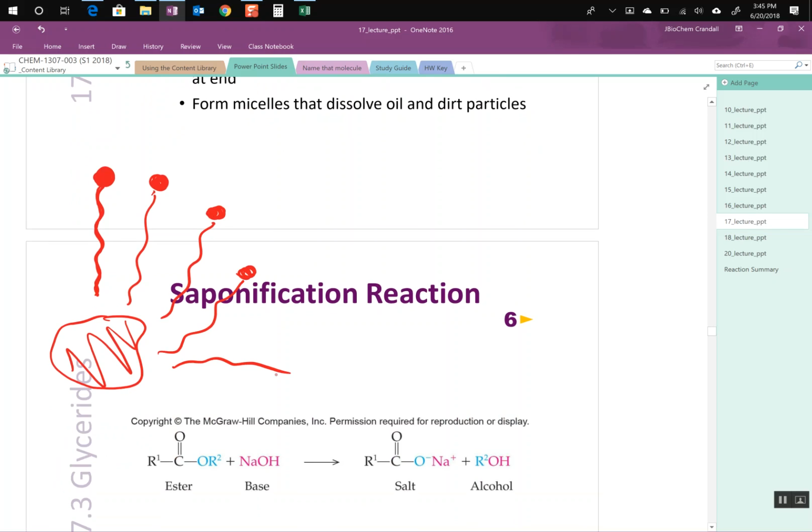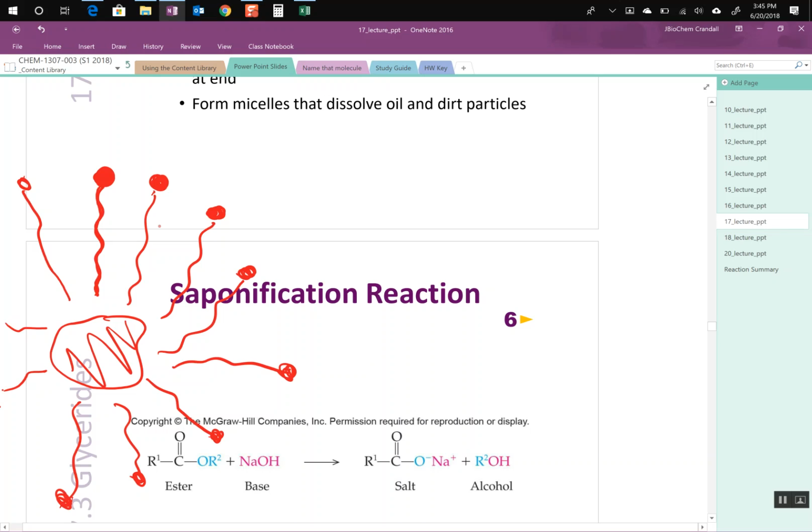And so it's going to surround it with these nonpolar parts, and it's going to create what we call a micelle as it surrounds it. It's almost like a membranous cell that goes around that particle.